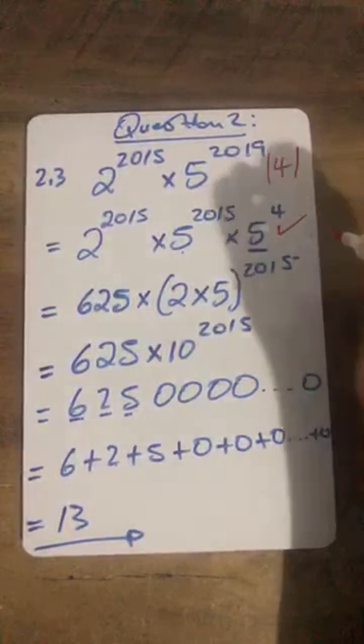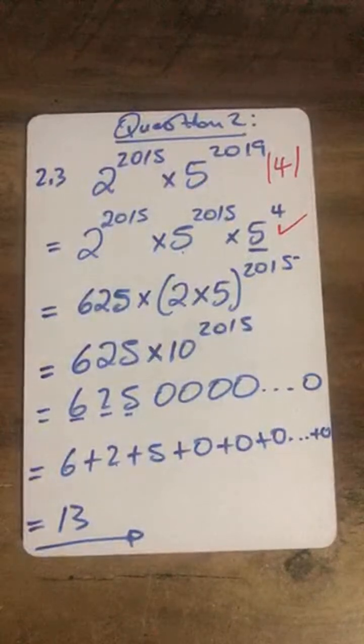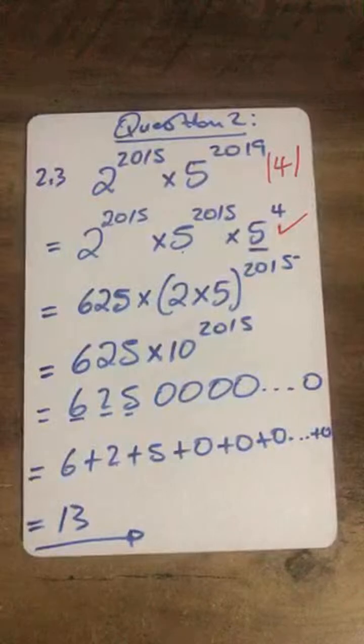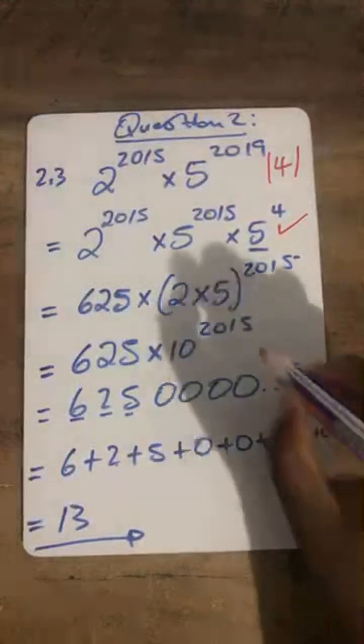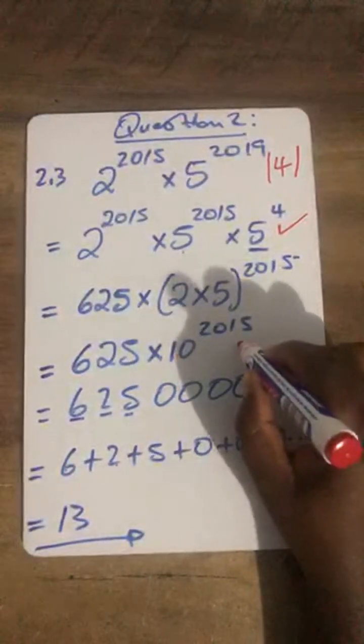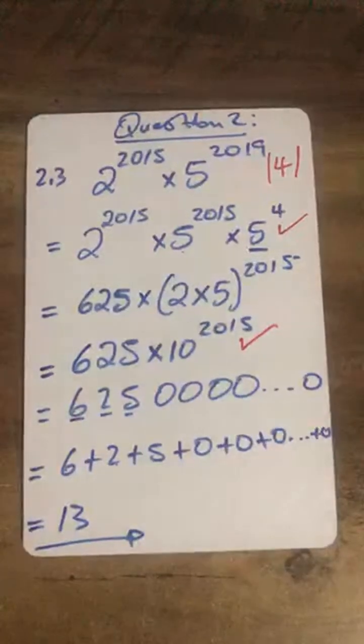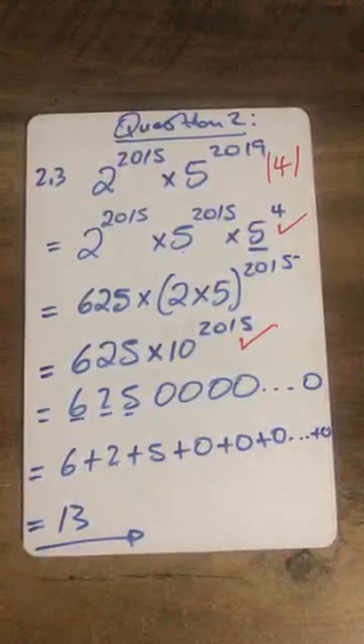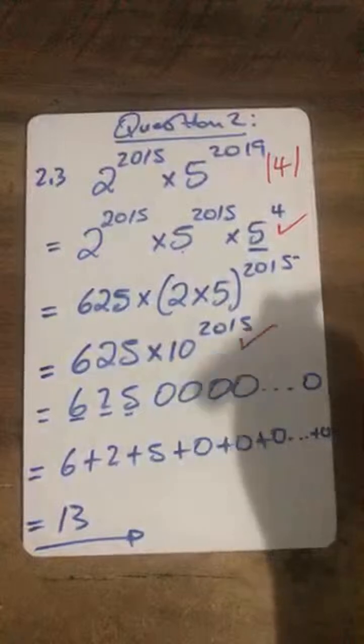And this is where we give you a mark, honorable members. With you being able to notice that you will end up saying 10 to the exponent 2015, you do deserve a mark for that step. It doesn't end there.